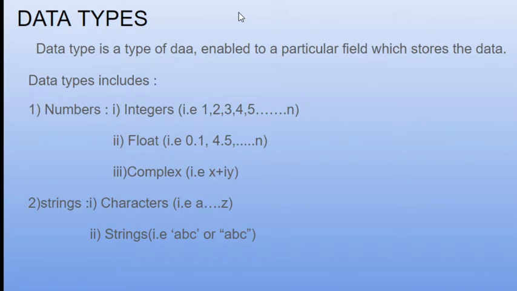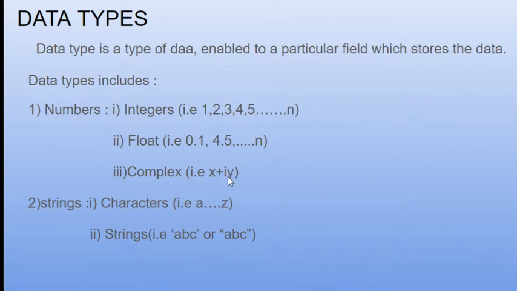Then second, we come to strings. As we all know, there are alphabets from A to Z. In programming language, we call these alphabets characters. These characters are used to assign some value. Now the second thing that I have written over here is strings.